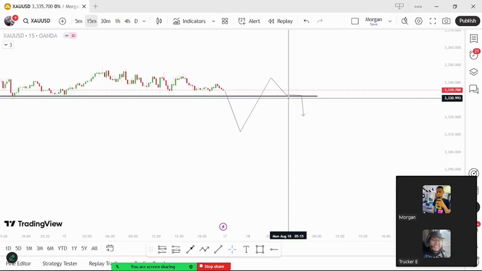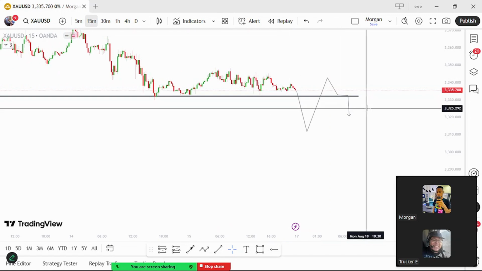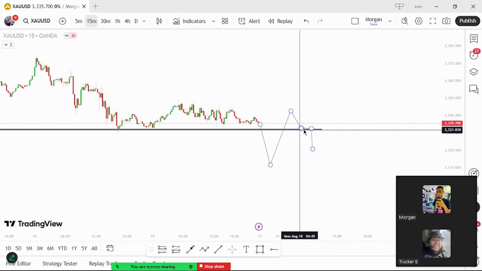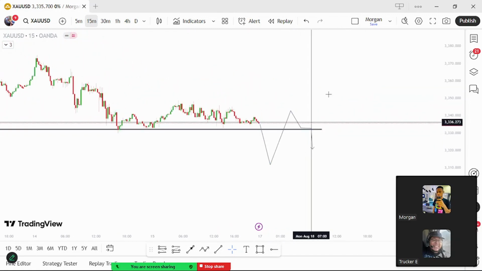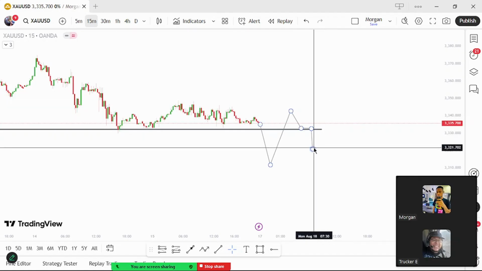If the level is going to hold, would you put your entry above and then your stop loss below the swing low from the indication, or would you put your stop loss below the level instead? No, okay, you're saying if the level is gonna hold, would you take a buy trade? Is that what you're saying?